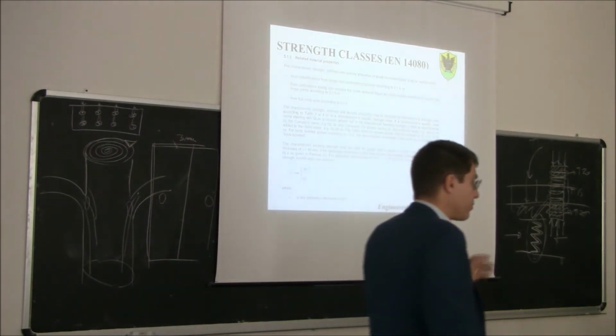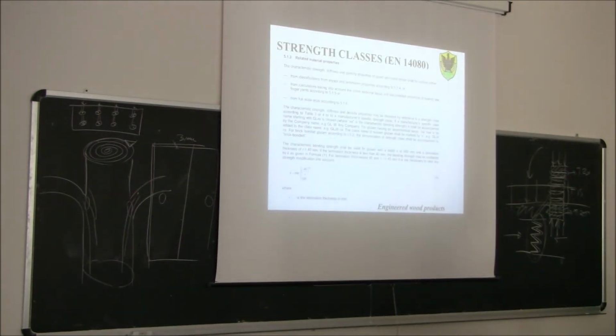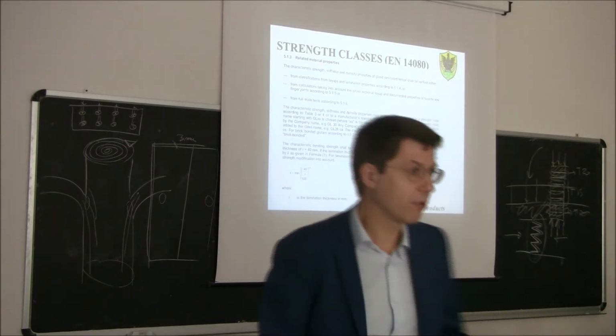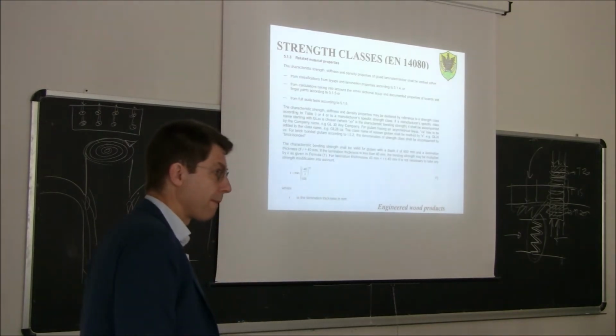The number, so GL 40 for example, means that 40 is the characteristic strength in bending associated with this strength class. So GL 40 means that I have a glue laminated timber that has a characteristic bending strength of at least 40 megapascal. Okay?